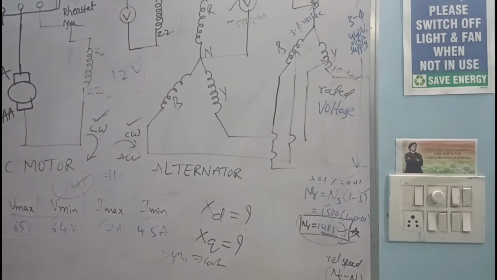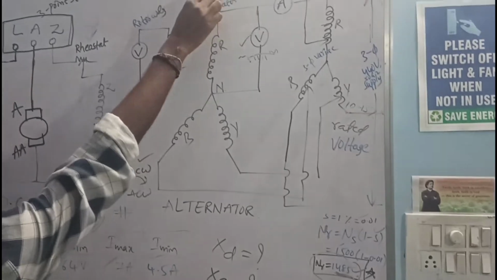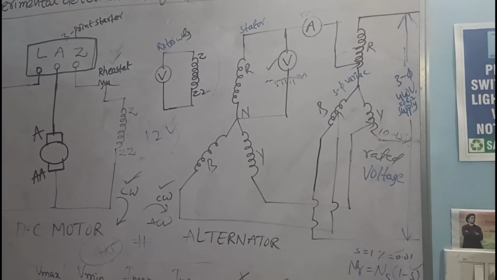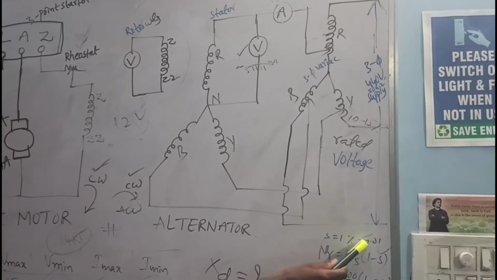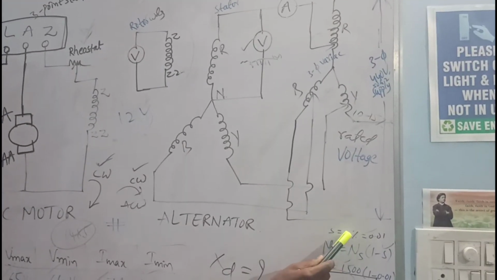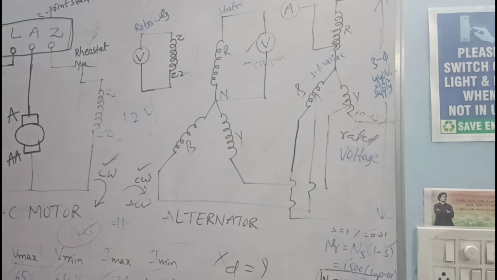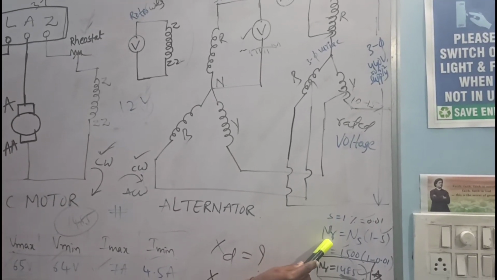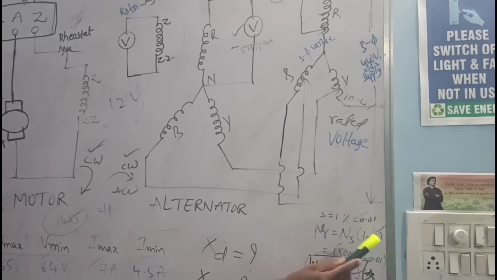Here we take a small slip of 1%. 1% means 1 by 100, which is 0.01 slip. From the basics, you know the formula NR equals NS into (1 minus s).